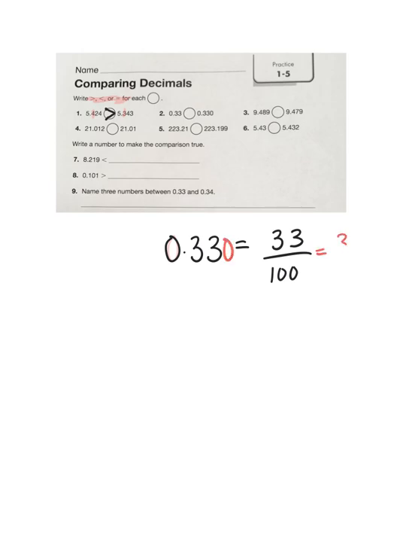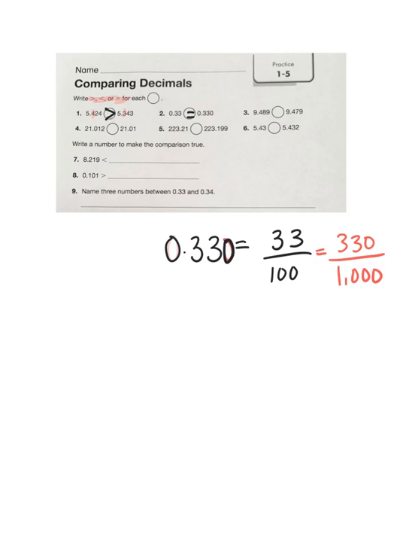Then I would have 330 out of 1,000, 330 thousandths. So those two values are equal to one another. When you add a 0 onto the end of a decimal amount, it does not change the value.